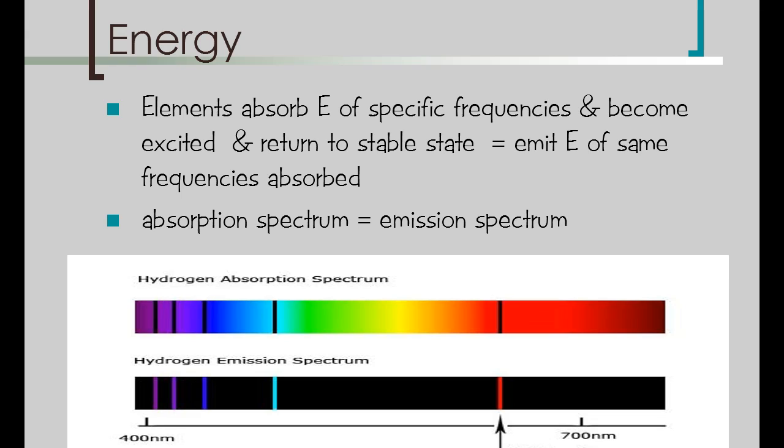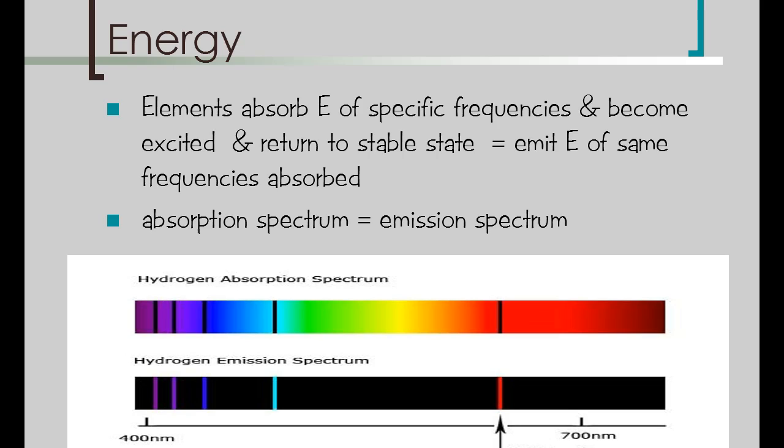So elements absorb specific frequencies of energy in the form of those wavelengths, and they become excited and move from their ground state to some higher energy level from gaining that energy. And then what happens is they can't hold on to that energy indefinitely, so they have to release it. And as they release it, they return back to their ground state from the excited state.